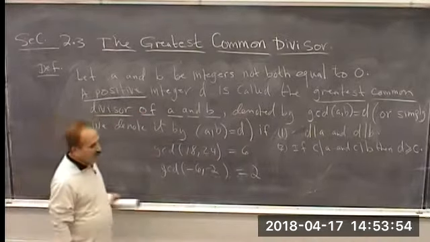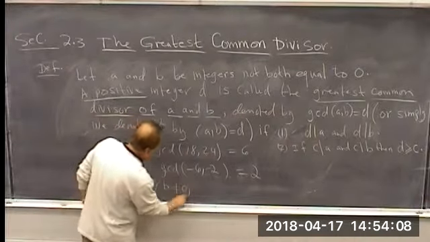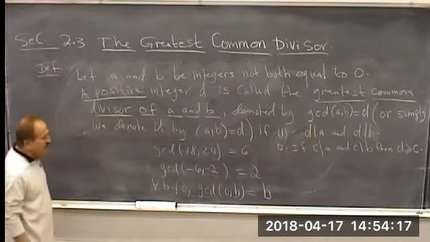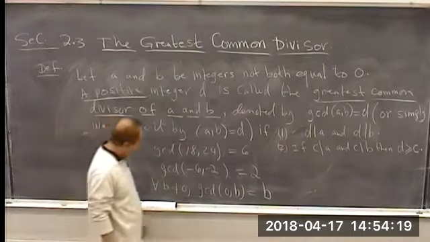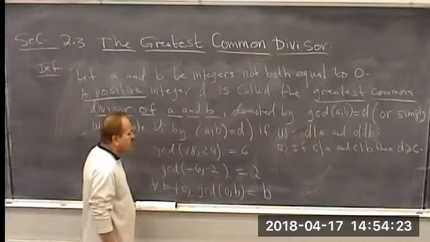You will notice that for any b not equal to 0, the greatest common divisor of 0 and b is equal to b. Because b divides 0, okay?